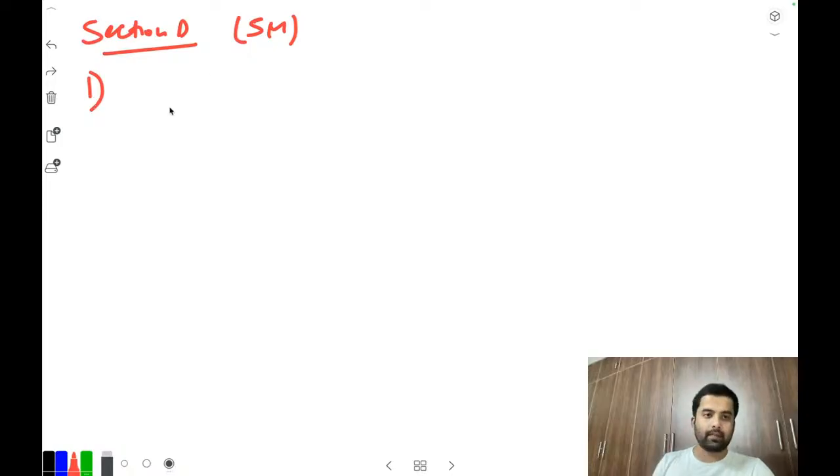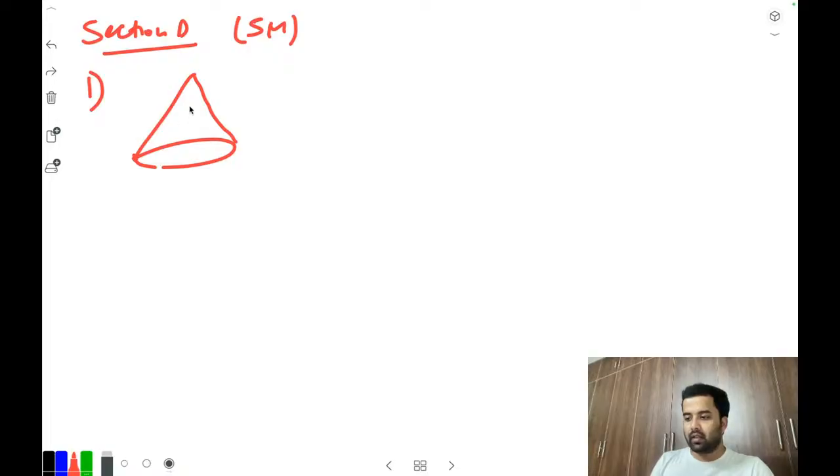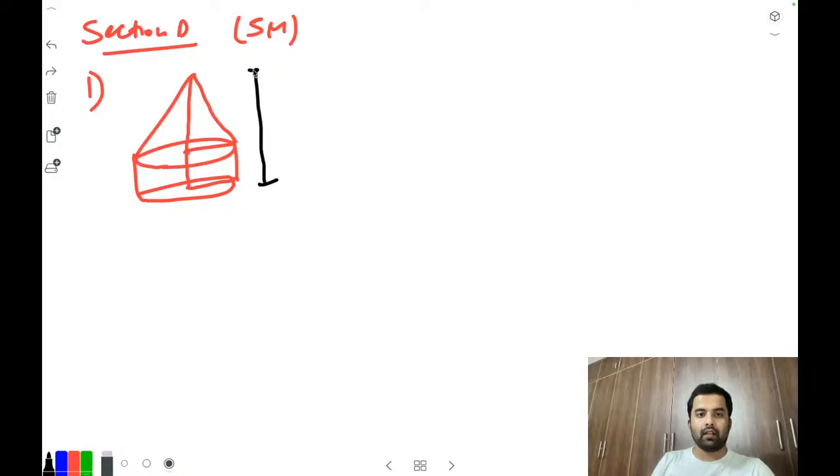Try this. We have a cone shape. Make a diagram on your own, please, everyone. Below the cone is a cylinder. Now put the values here. Total height is 13.5 meter.